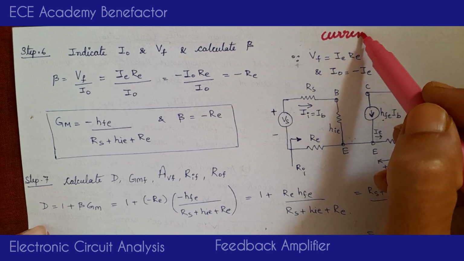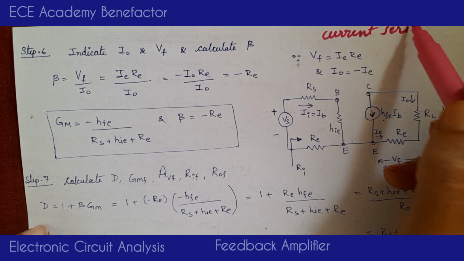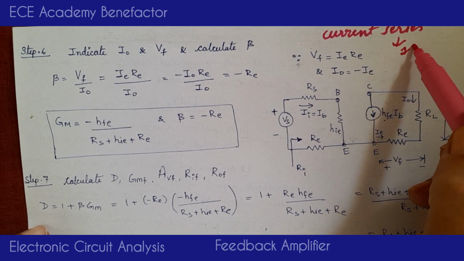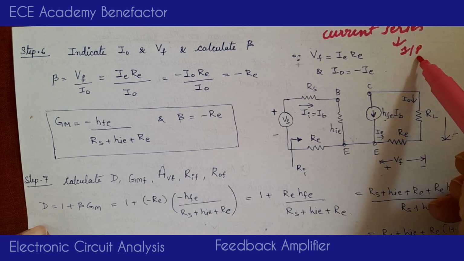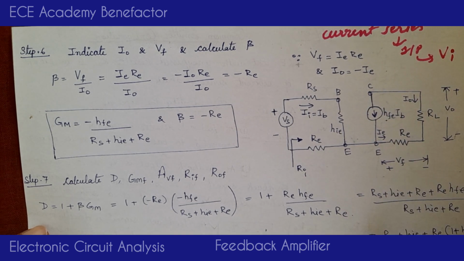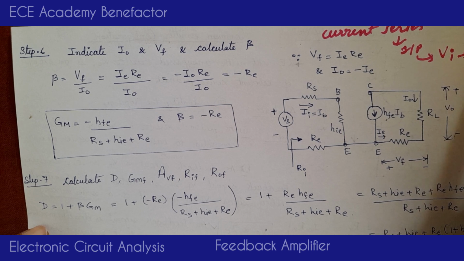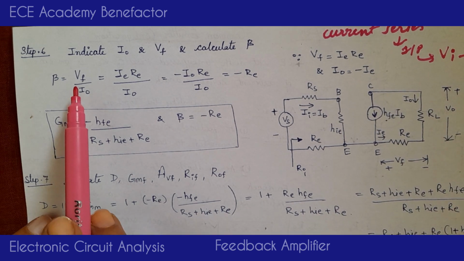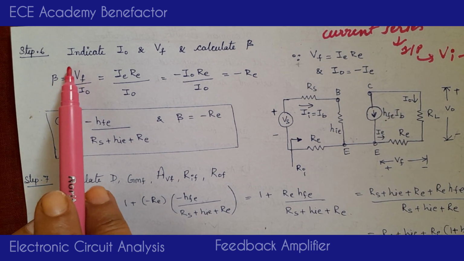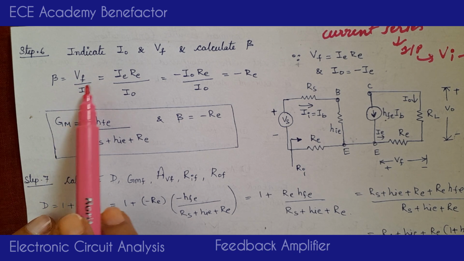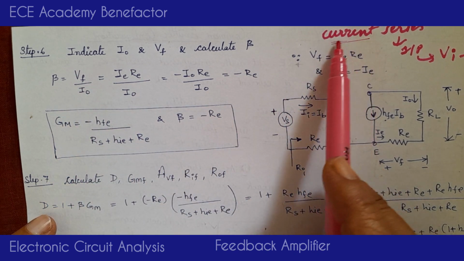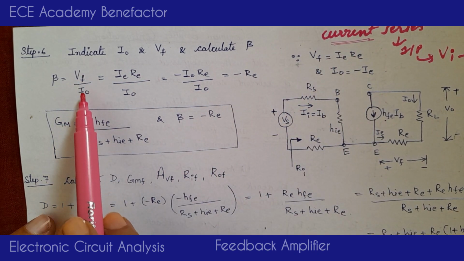Current series means the output is sampled as current and the input is mixed in series, so the input is voltage. So definitely the feedback signal here is VF. So beta is equal to the feedback signal by output current, that is, VF by I0.